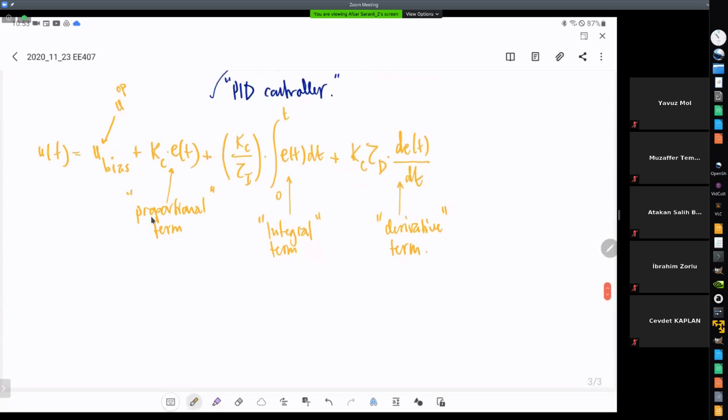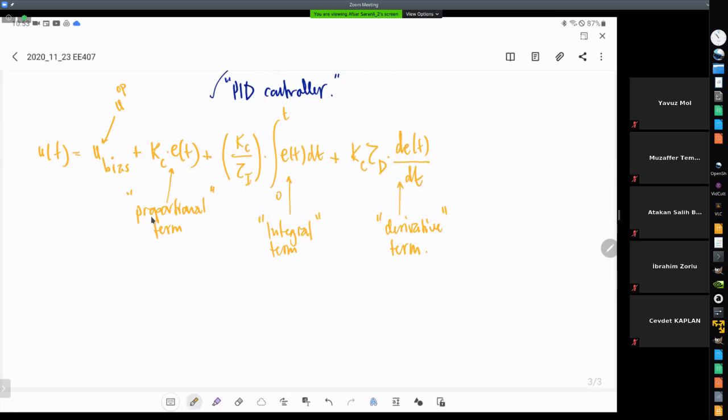Obviously, if you assume equilibrium operation around the equilibrium point or the operating point, the initial conditions will be 0, and therefore you can also transform this into the Laplace domain, which is something that we are familiar with.